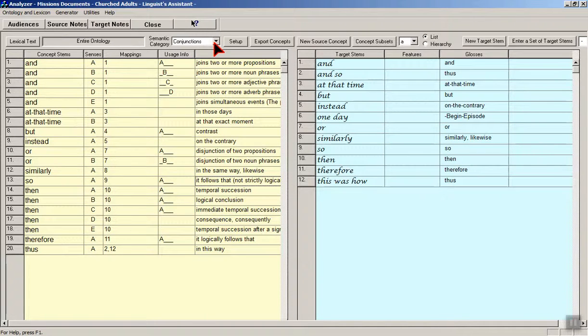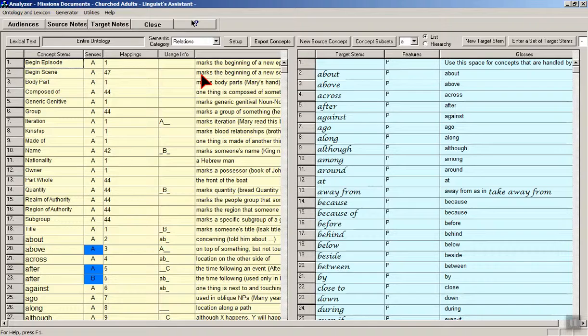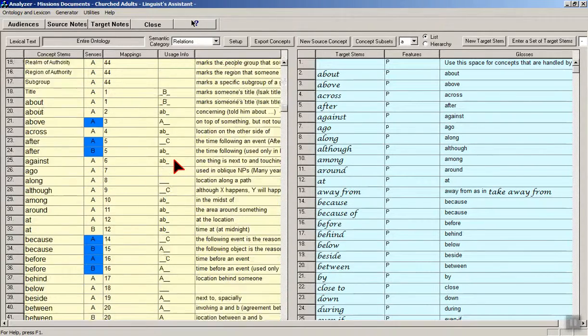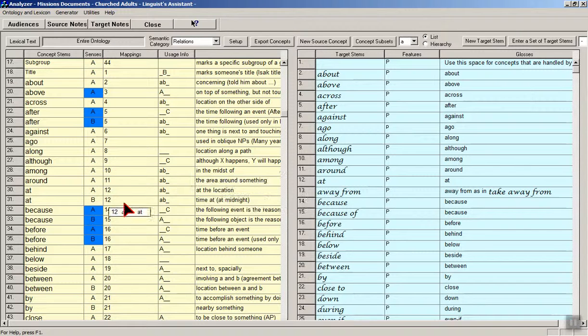The other way to express a causal relationship is with a subordinate clause using a relation. So I'm going to go to relations now by selecting the semantic category of relations. And one of the simple ones is because.